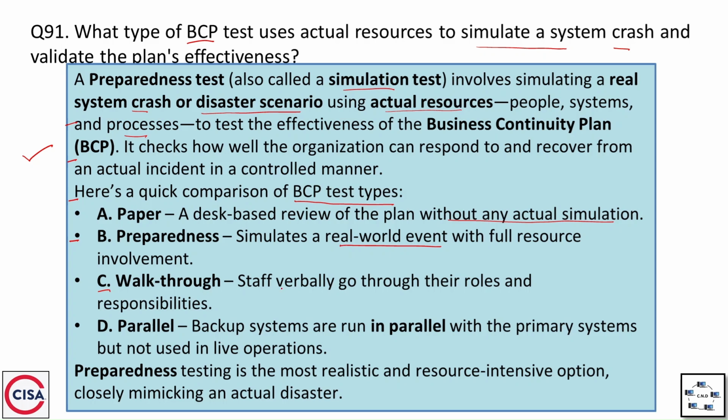C, walkthrough, staff verbally go through their roles and responsibility. And D, parallel, backup systems are run in parallel with primary systems but not used in live operations. So, preparedness testing is the most realistic and resource intensive option, closely mimicking an actual disaster.